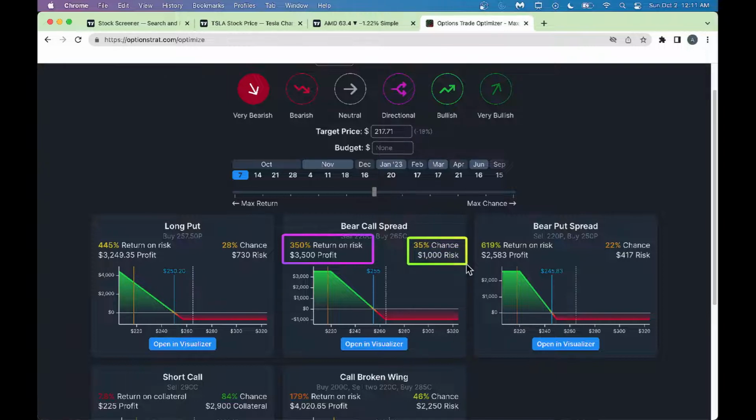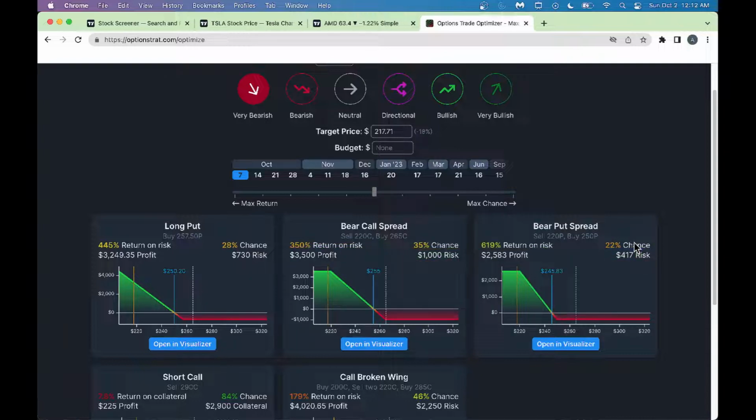And look at the money you're putting at risk here, just $1,000, and your maximum profit level is around 3,500 here. Now, that's a good way to go. And look, we got put spread here. Again, you're putting a little more money at risk here. And actually your risk is very low here, and chance is also low here.